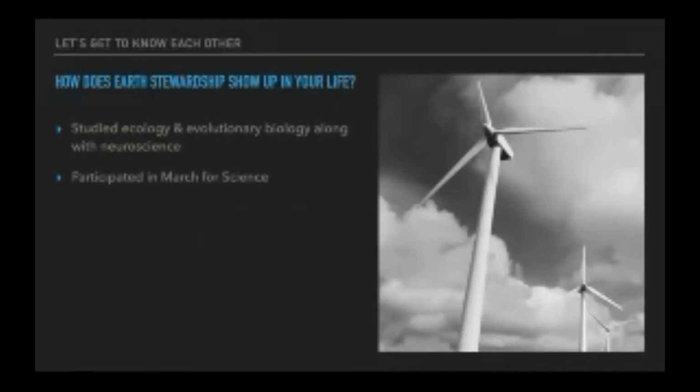So just kind of talking about where Earth stewardship shows up. I've been active in a whole bunch of different kind of environmental spheres, participating in the March for Science and things like that. And because I teach about a lot of sustainability and environmental injustice and environmental justice, I also consume a lot of this content. So I read quite a bit about it. And like I said, I teach.